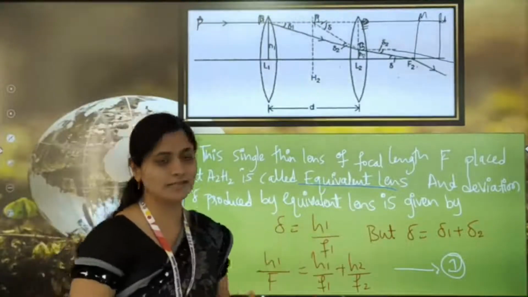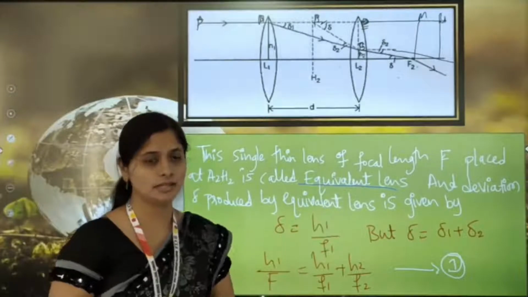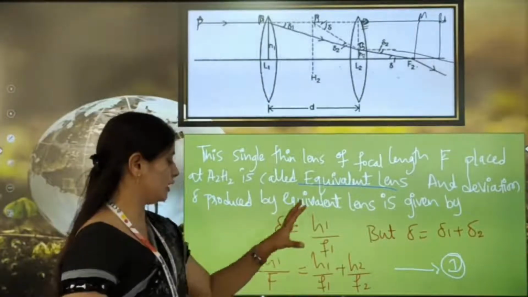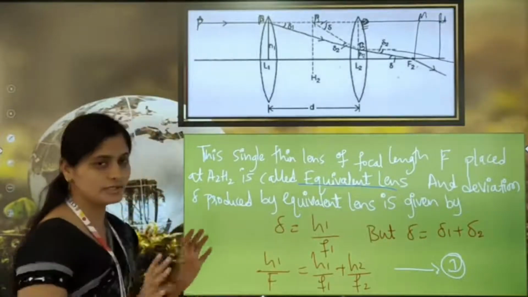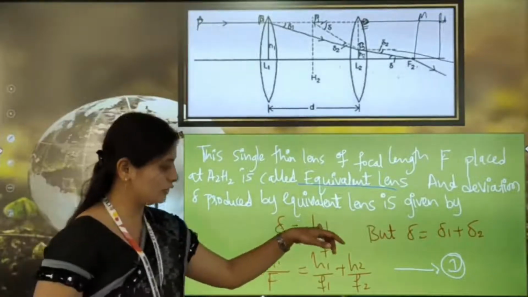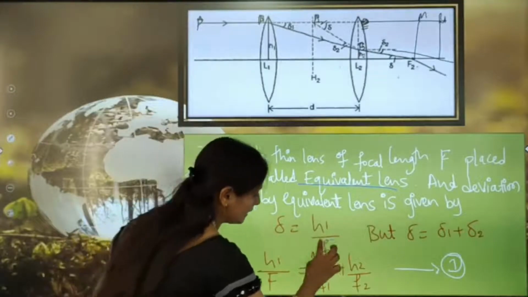But delta is nothing but delta 1 plus delta 2. So we substitute this in this equation. What do we get? Here delta equals H1 divided by capital F.